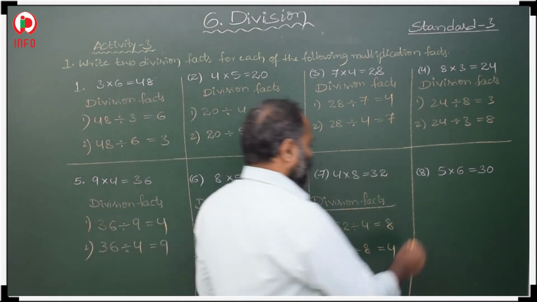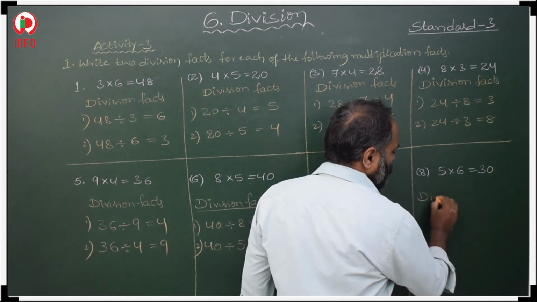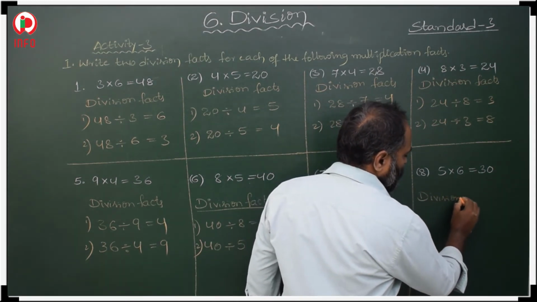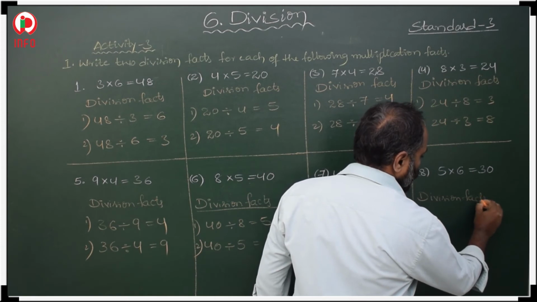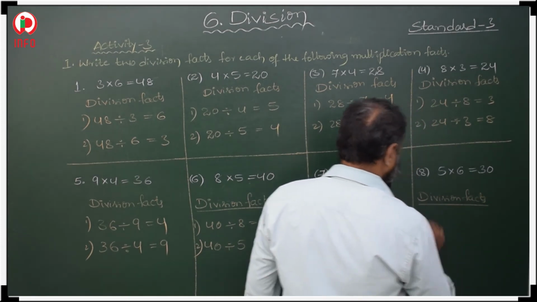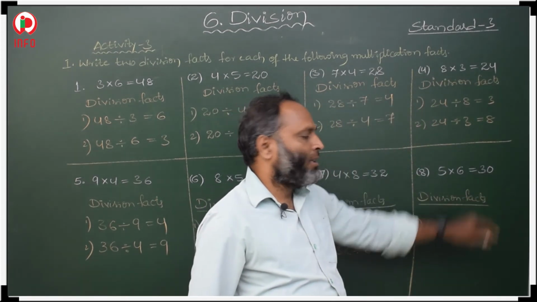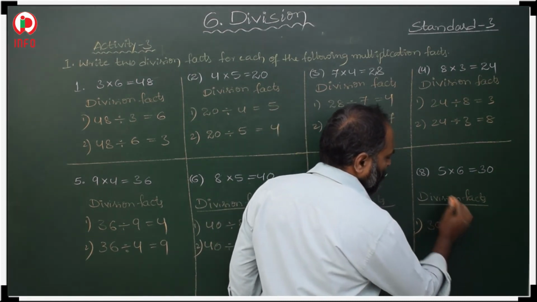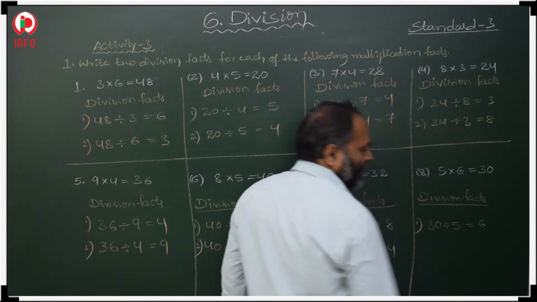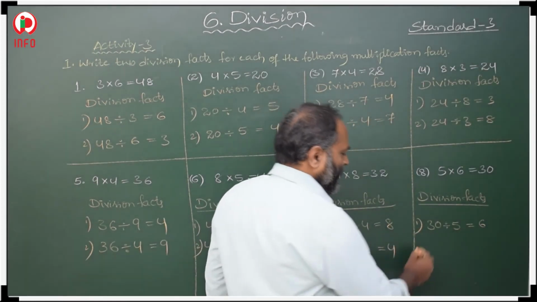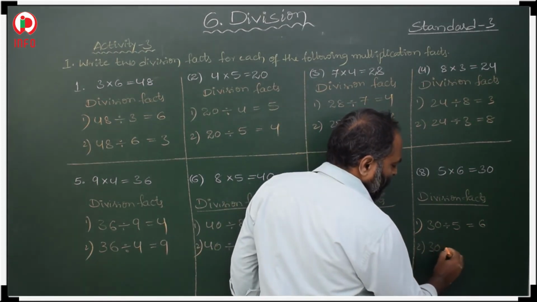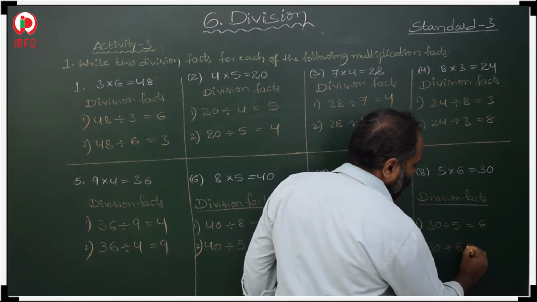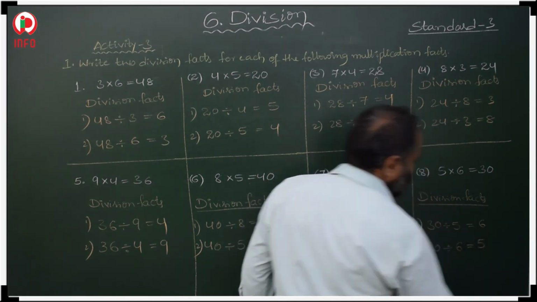Now, division facts. The first one: here the product is divided by the first factor, that is 5, then the second factor is your quotient. Then the second, again the same, the product is divided by the second factor, the first factor is your quotient.